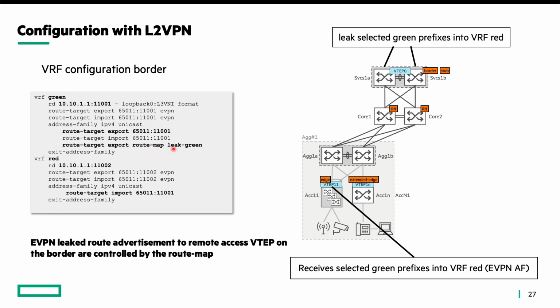You need to import and export this route target in the address family IPv4 and maybe IPv6 as well, and to export, so to apply this export route map on the address family.